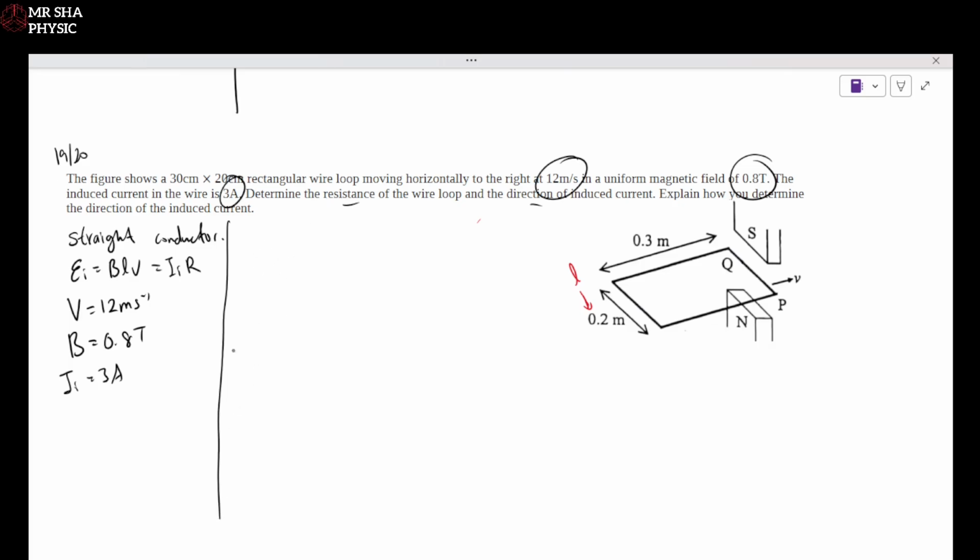If I were to find the resistance, I can quite easily say that my BLV is equal to I times R. My R is equal to BLV over I. Okay, so that means I can quite simply substitute those values. I will have 0.8 times L, which is 0.2, then times V, which is 12.